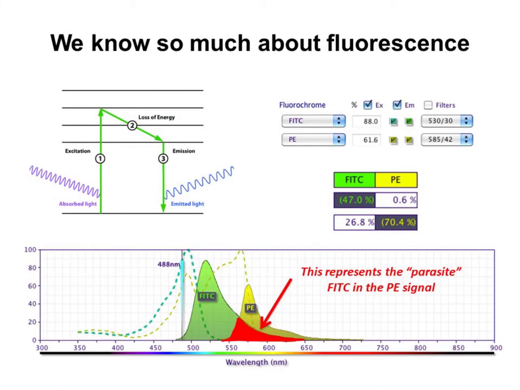But clearly, we know a lot about fluorescence and how the reagents we are using react to laser excitation, how bright they are, and which ones can be troublesome, especially for spectral overlap issues.